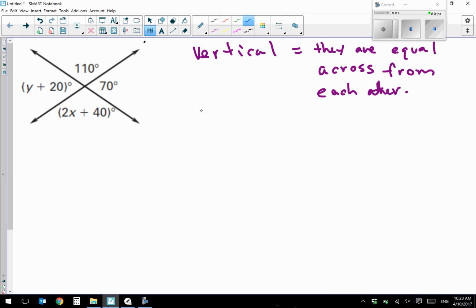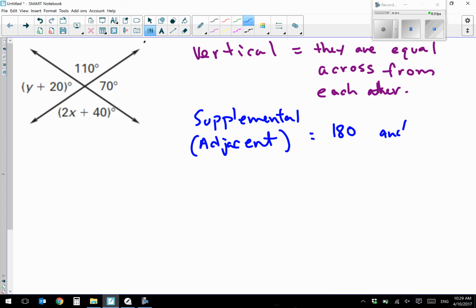The other one they usually look for is supplementary, or they'll sometimes call adjacent angles. So adjacent angles, supplementary angles, they add up to 180 and share a side. So like this one and this one, they share this side. So these two are supplementary. They add up to 180.